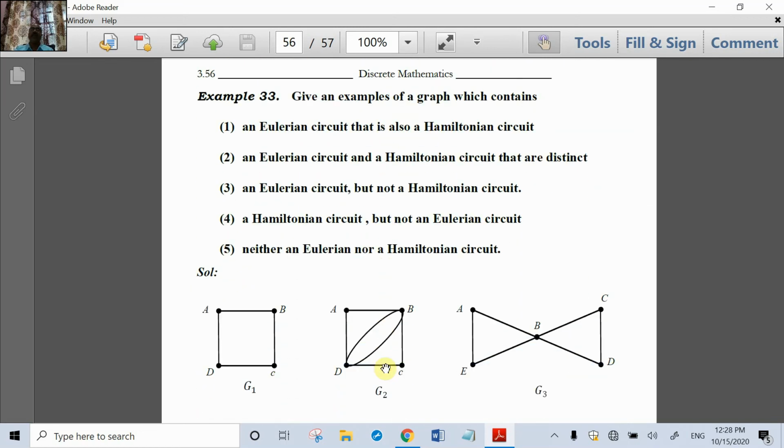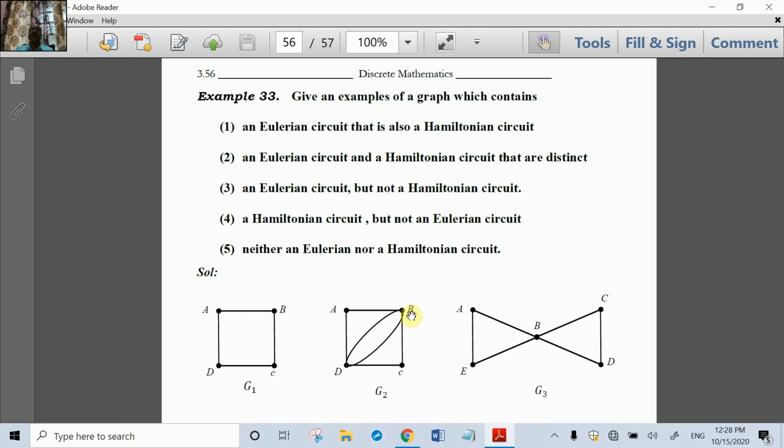Give an example of a graph which contains an Euler circuit and a Hamiltonian circuit. It is this graph. See, this covers all the edges as well as all the vertices once. Therefore, this is Eulerian as well as Hamiltonian.